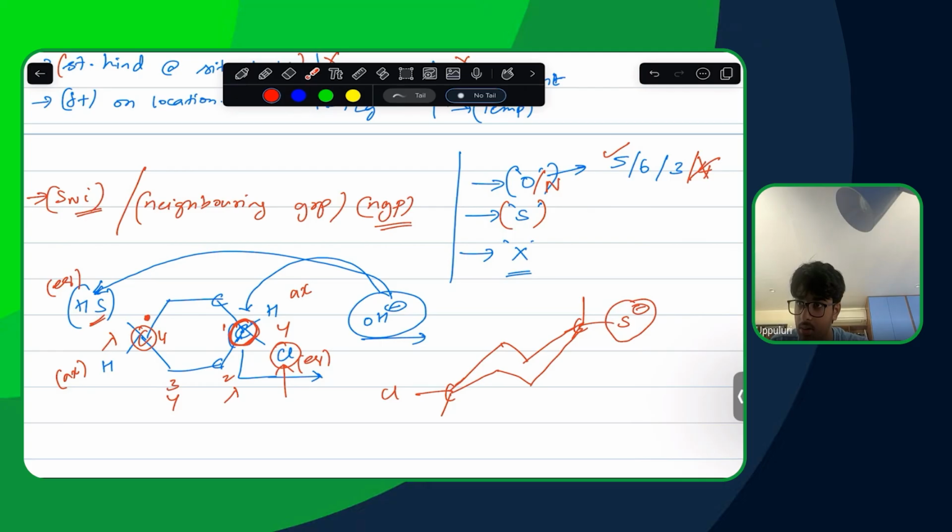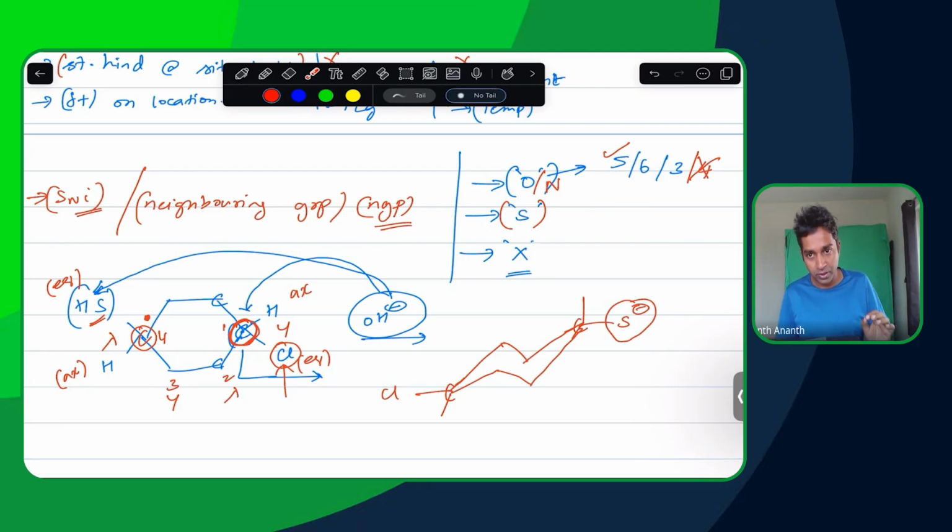You're understanding the point over here? So if the system in the molecule which can act as a nucleophile does not have enough delocalization of electron density, then that system can attack as a neutral species also. That's the case with oxygen and nitrogen.